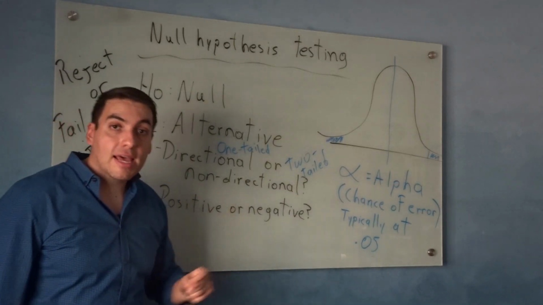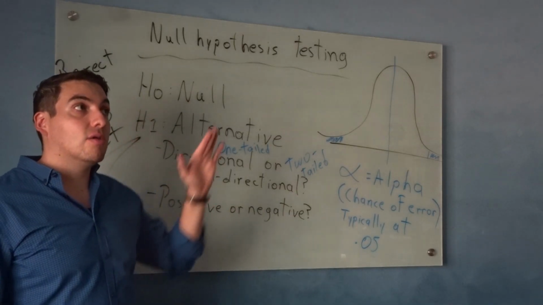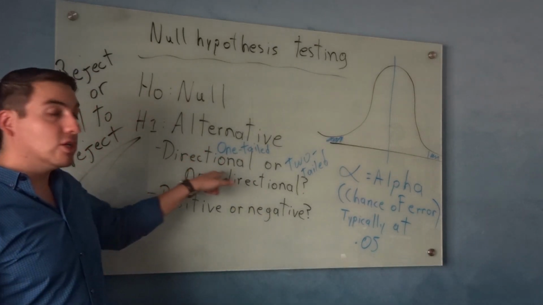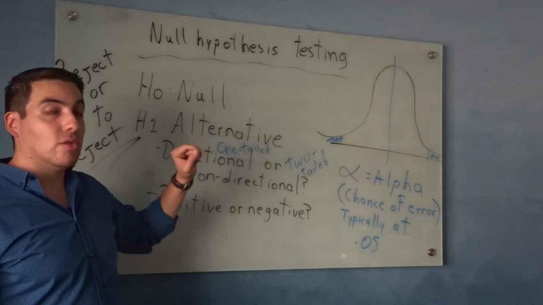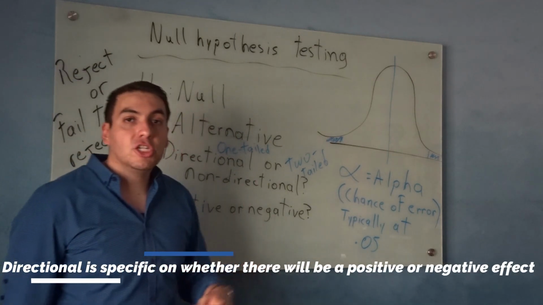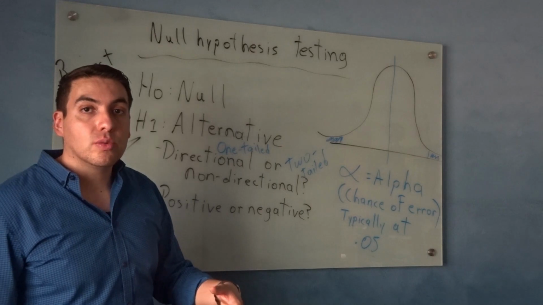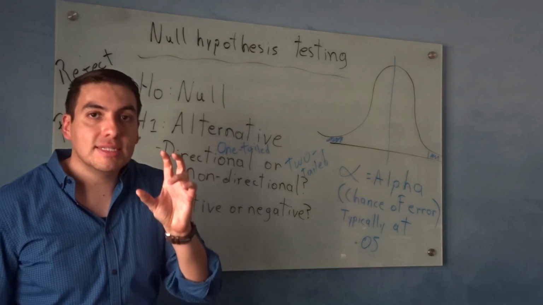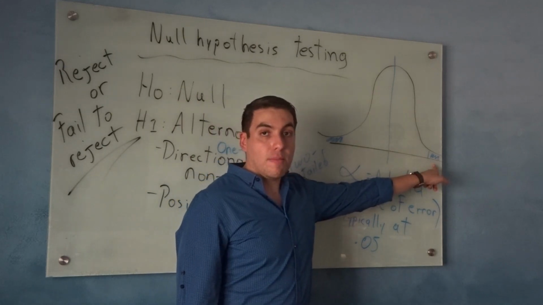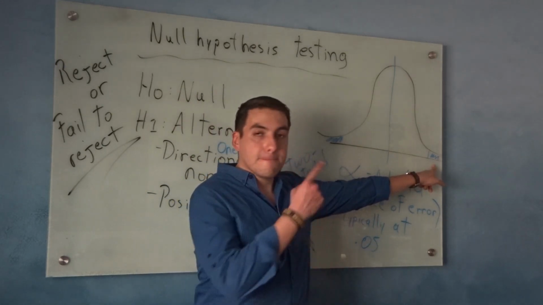If, on the other hand, I'm suggesting that it's going to go up or it's going to come down, then it's going to be called a directional, and at that point, it's going to be called a one-tailed. So perhaps I'm going to say meditation improves IQ. The key word is improves. Then I'm saying IQ is going to go up. Then it's one-tailed, and it goes there.